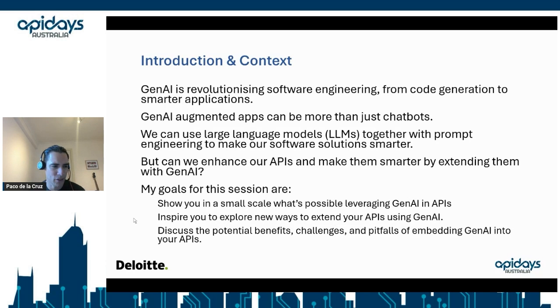So most of the applications we see nowadays are about chatbots. Even with the RAG pattern, it's all about chatbots, right? But I believe we can use large language models together with prompt engineering to make our software solutions a bit smarter, right? So really the question I wanted to address during this session is, can we enhance our APIs and make them smarter by extending them using GenAI, right?